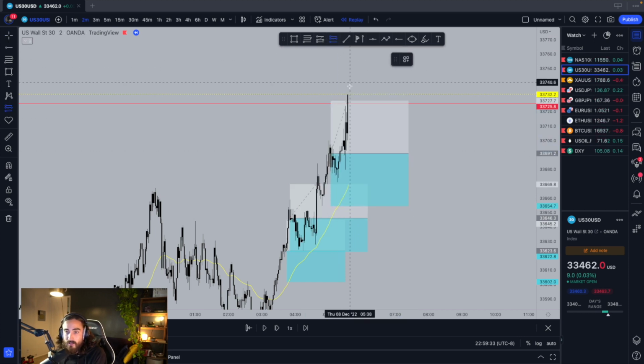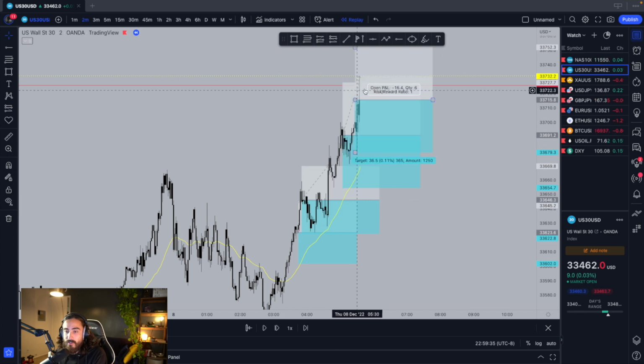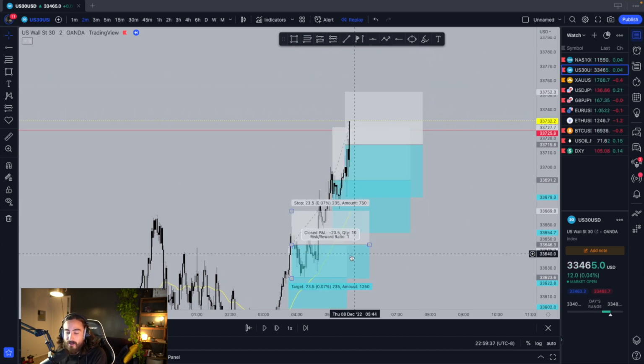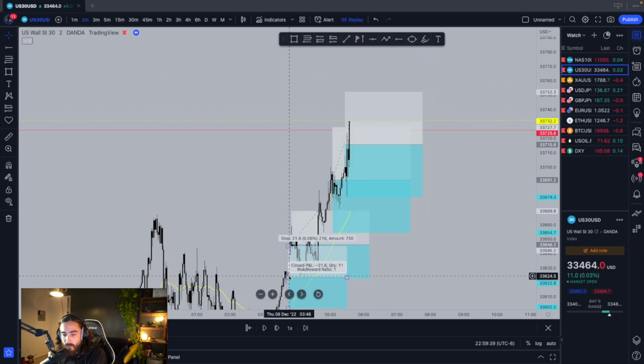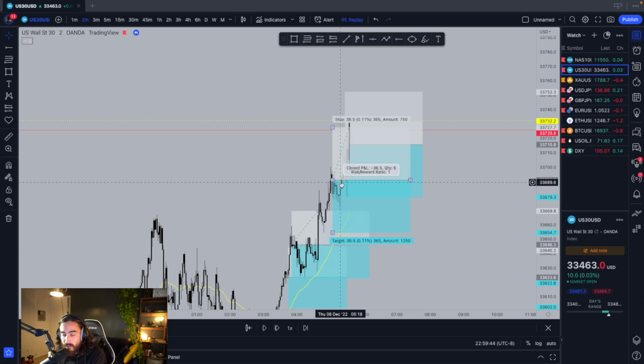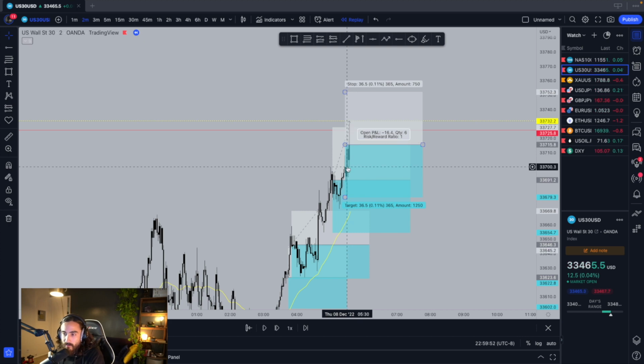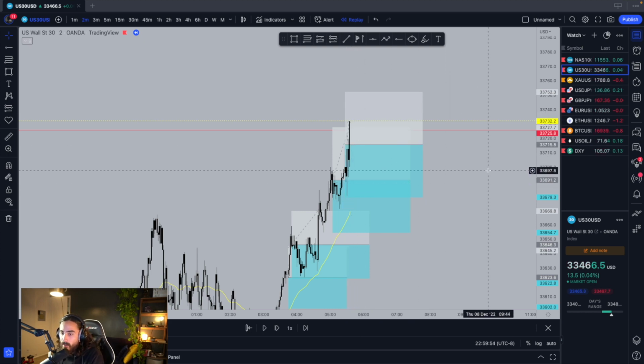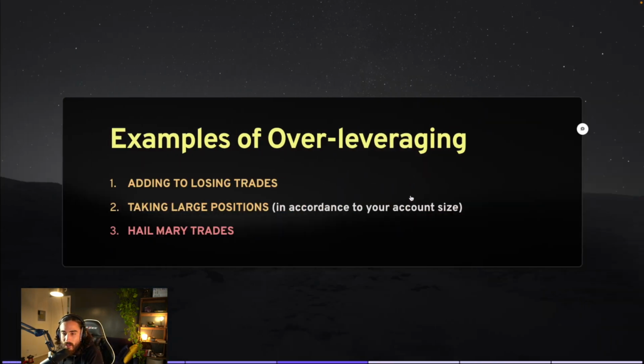Let's just say you have 4 positions and they're all in red and all in drawdown. Maybe with the first position you weren't over leveraged, but as soon as you put in the second and third position, now you're way over leveraged. You don't really know what you're risking. Maybe you do, but at this point maybe you're down 20%, 30%, 40% of your account. You don't want to do something like that. So I say don't be adding to losing trades.